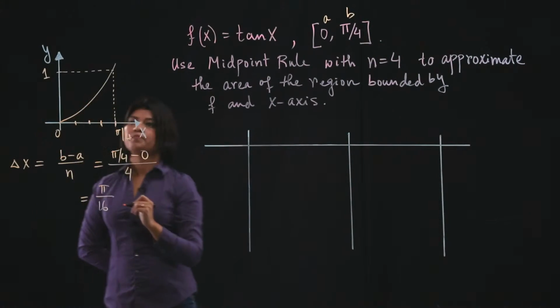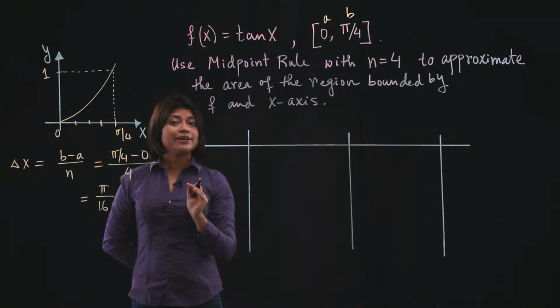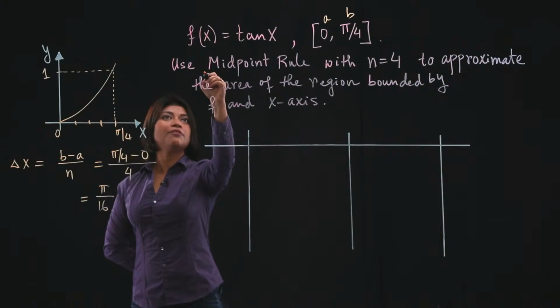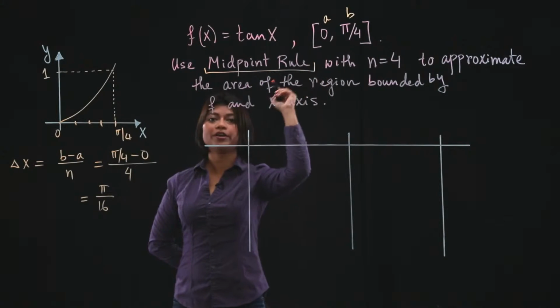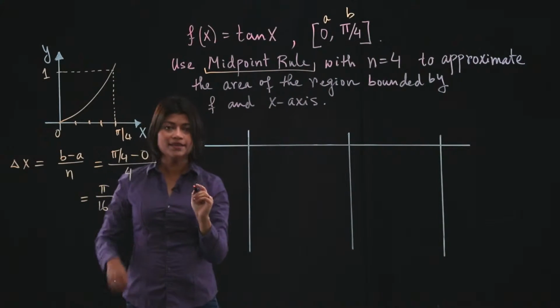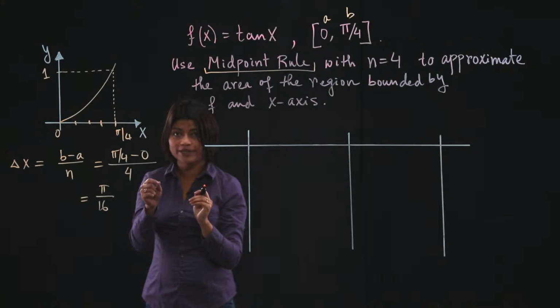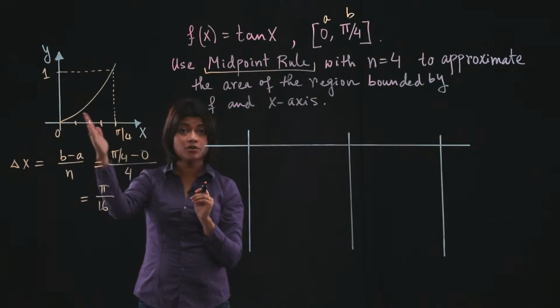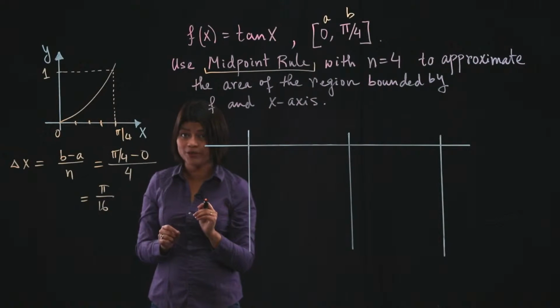All right. Now, what kind of rectangles are we using? That's important. See, we have to use midpoint rule, which means that the midpoint of each rectangle will be touching the curve. Not the left, not the right endpoint, but the midpoint.